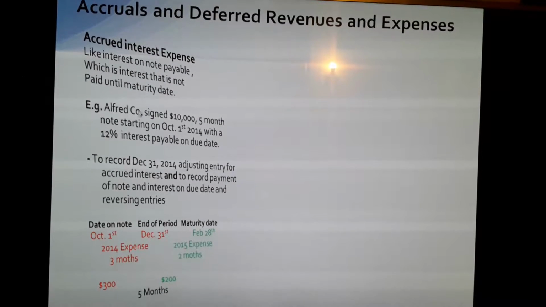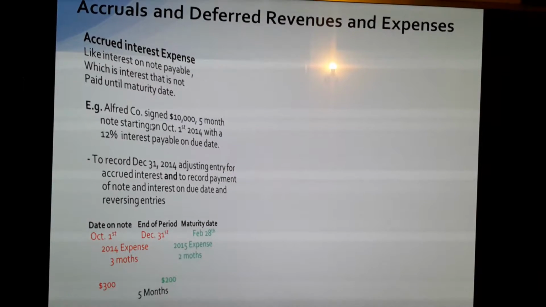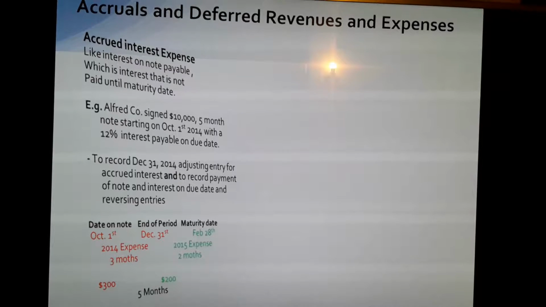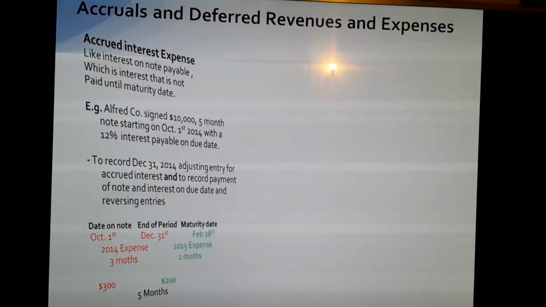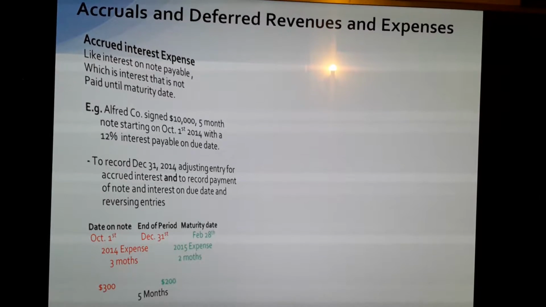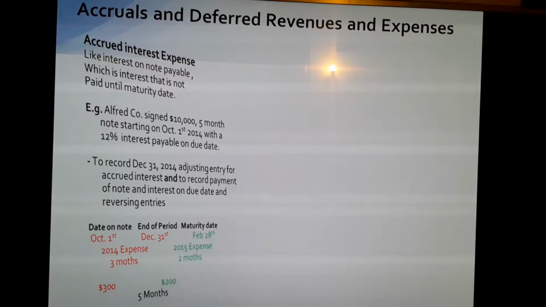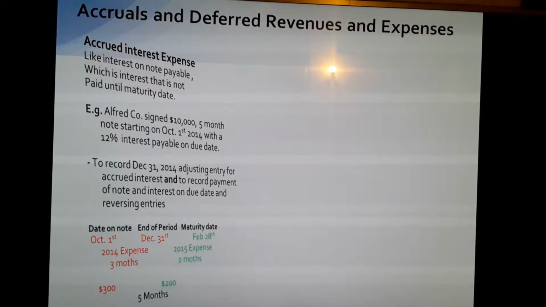Every time there is a deferral of payments, you have to do reversing entries, because these are very important for you to be able to match your revenues and expenses.